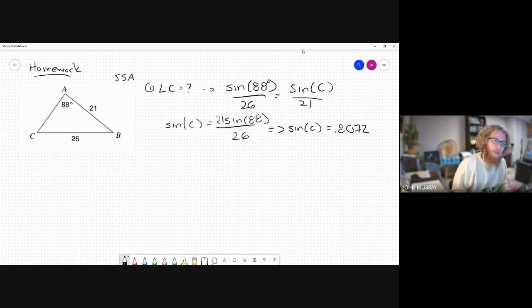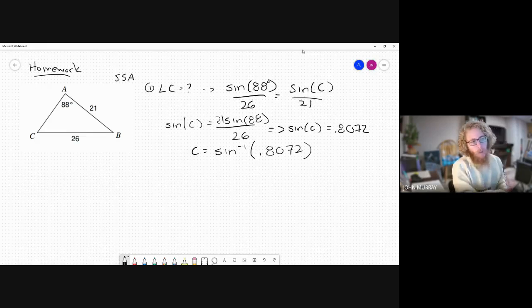So for our next step, we said we need to get the C alone, so we do the inverse sine. Typing this would be okay.